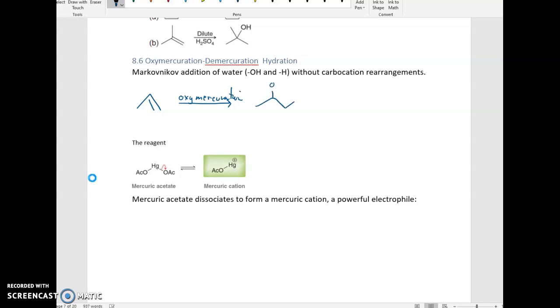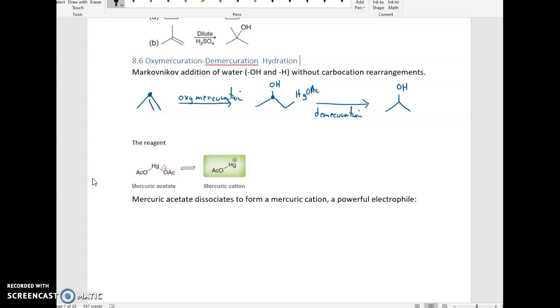We'll put the hydroxy here at the more substituted position. Here's the more substituted position of our original molecule, and that's where we've got our hydroxy. And we have this mercury compound stuck out here where we normally have a proton. And then we'll do a demercuration. And we end up with our result.